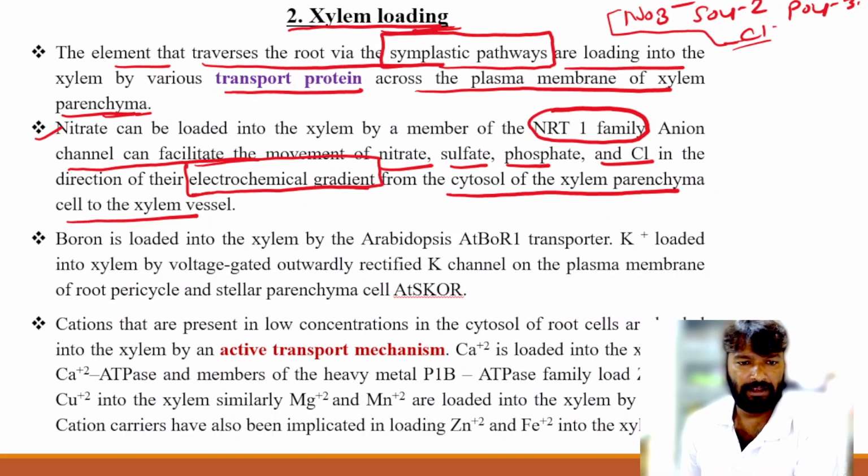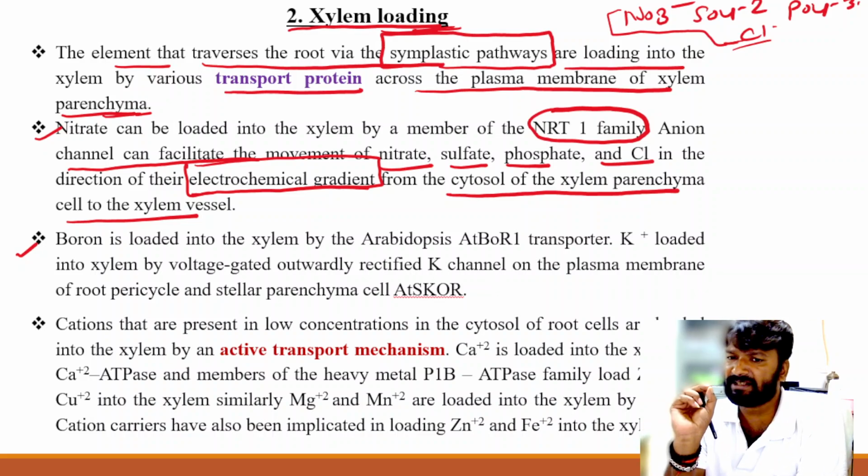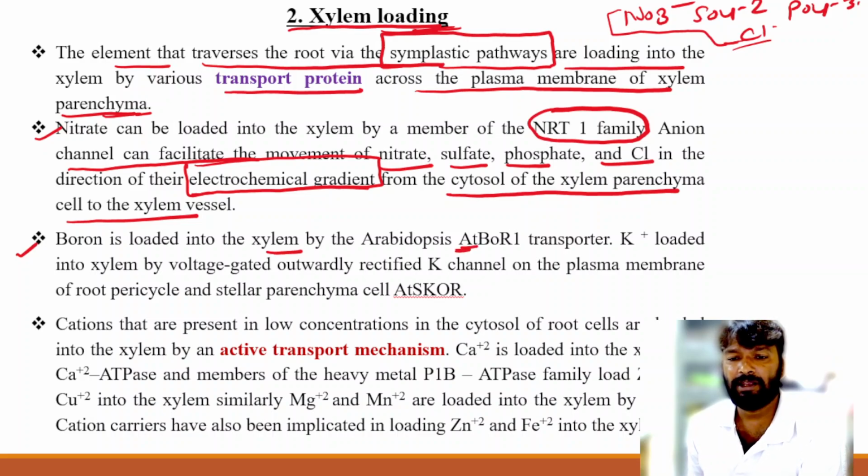Okay, next point, तो ये क्लियर है नाइट्रेट आपका कैसे हुआ और एनायंस कैसे हुए. ओके, नेक्स्ट, boron is loaded into xylem by the AtBOR1 transporters. AT means Arabidopsis thaliana.